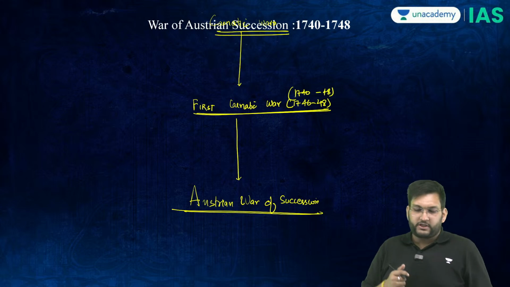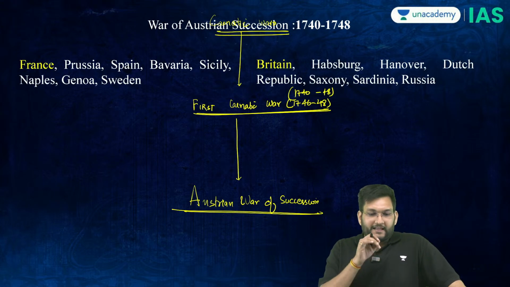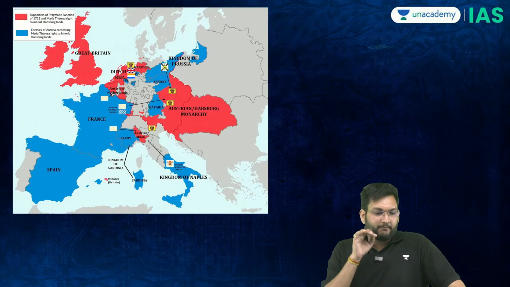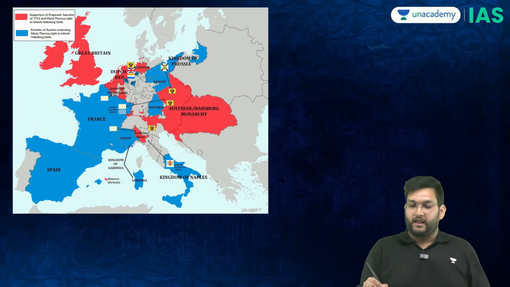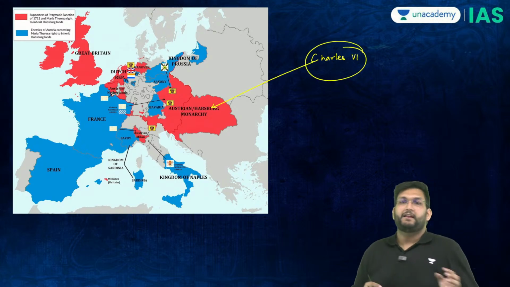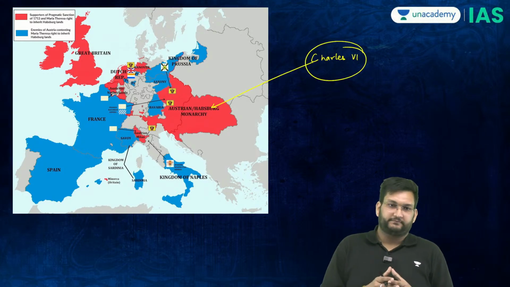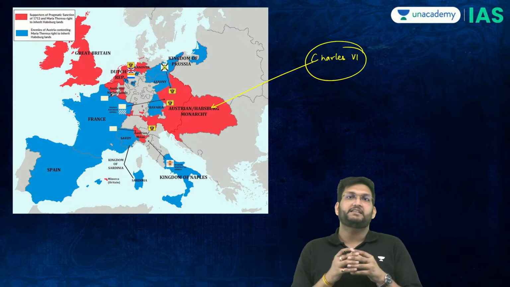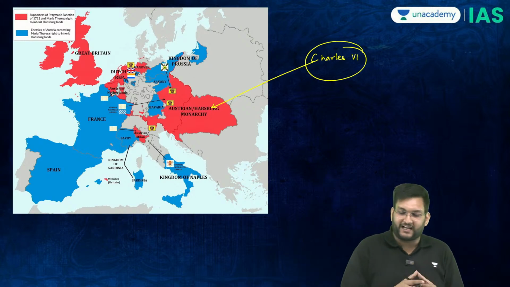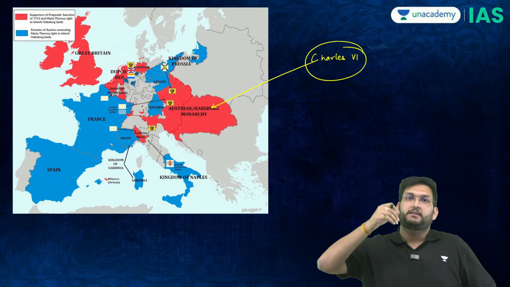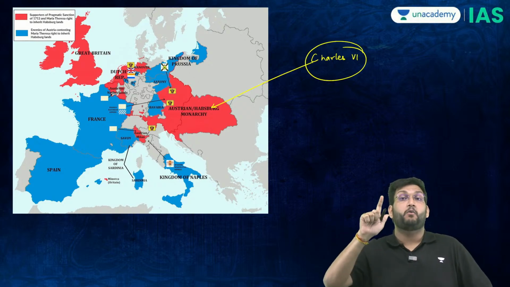Now, when we talk about the Austrian War of Succession, there are two sides. And the bone of contention is, after the death of Charles VI in Austria, there was a war of succession. And the war of succession was based on the fact that, can the daughter of Charles VI take the throne being a woman?